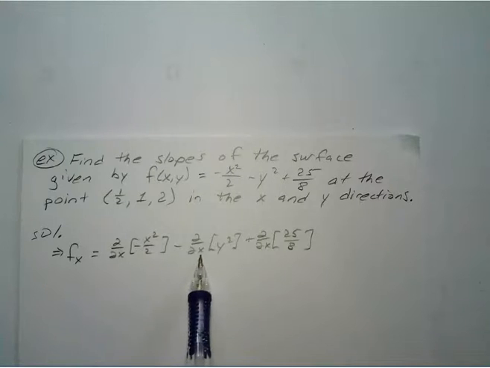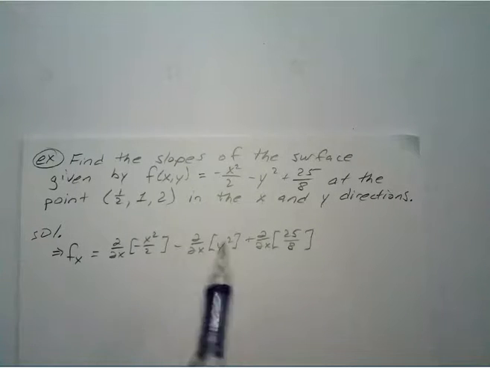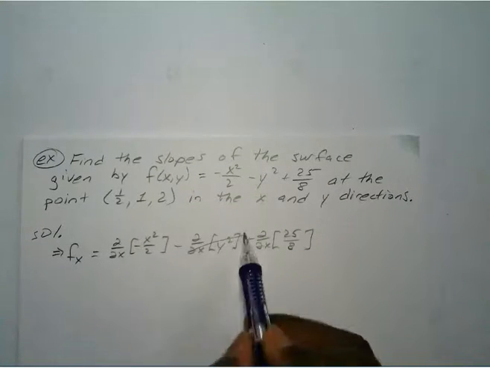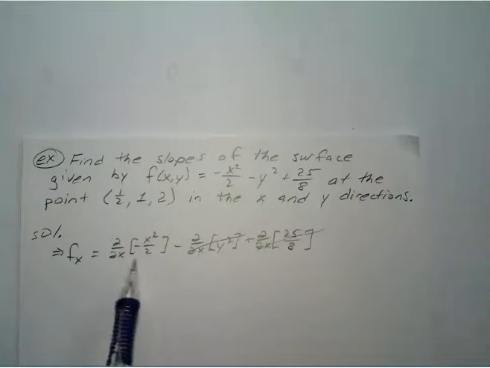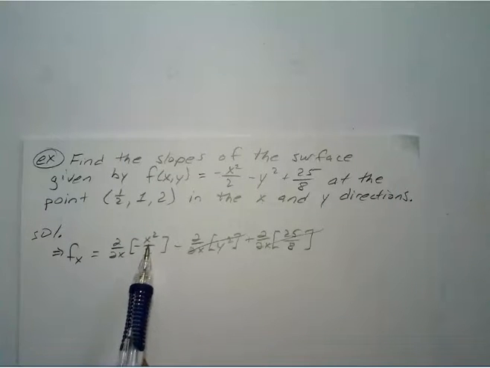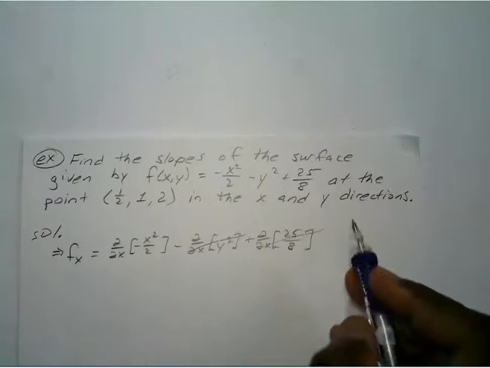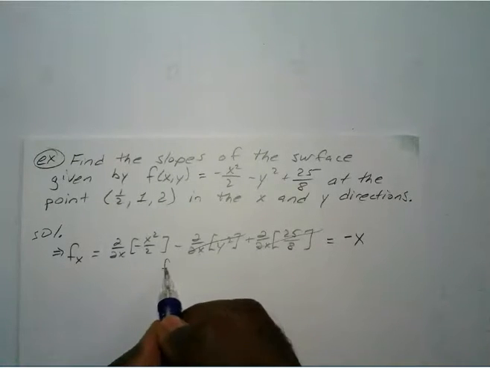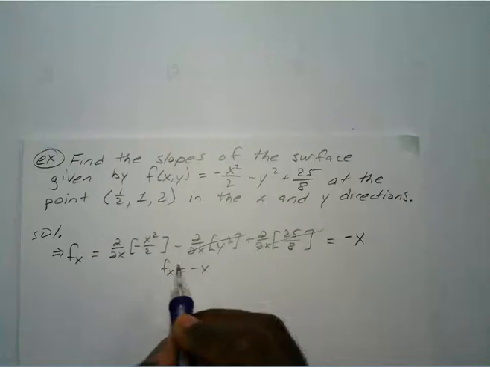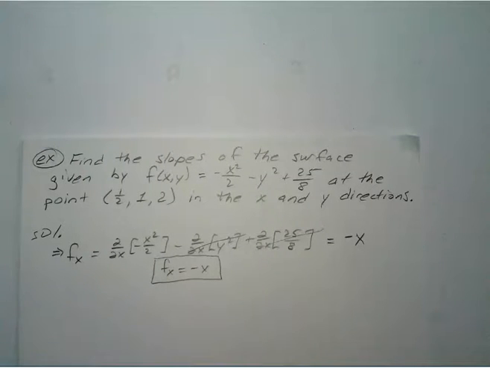Okay, so we can see here that the partial derivative with respect to x of y squared, again, is with respect to x, so that y is looked at as a constant. So the derivative of a constant is 0. And here, again, the derivative of a constant is 0. So that just leaves us with the partial derivative of negative x squared over 2, which is just negative x. Okay, so we have our first partial.